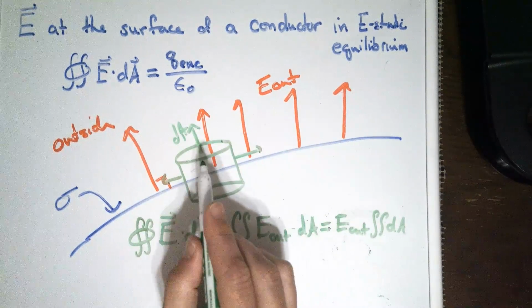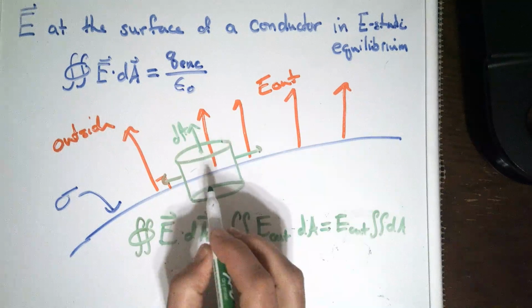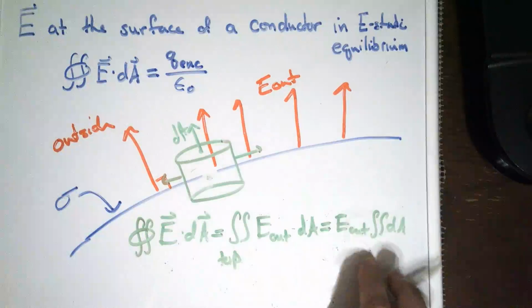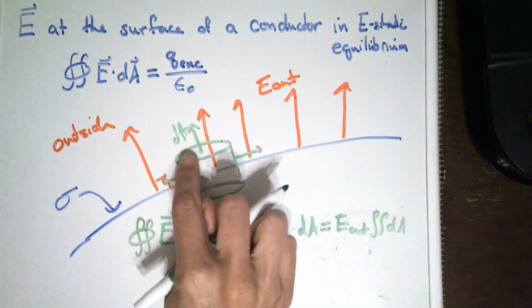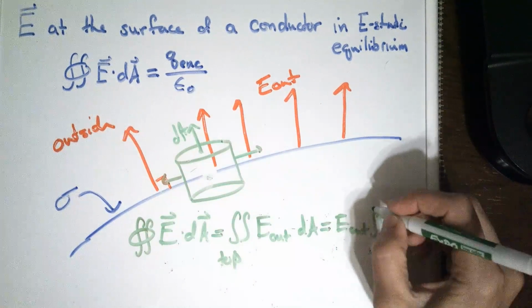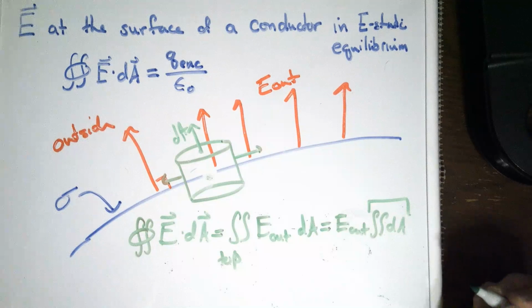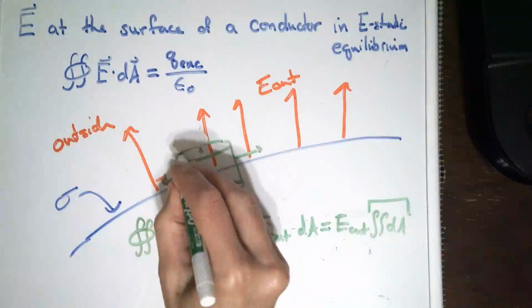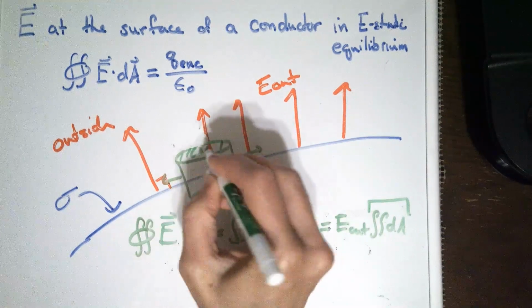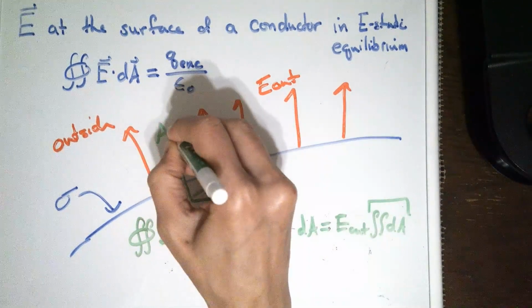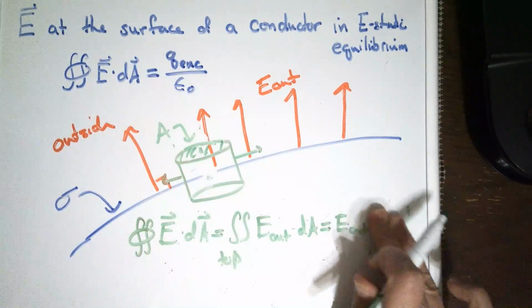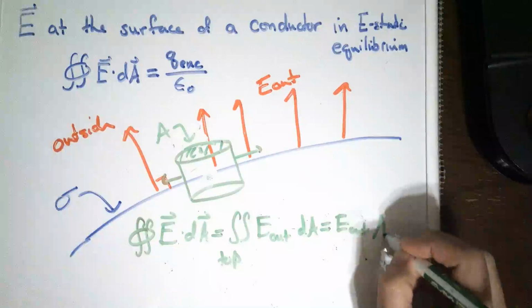But do remember that this is now a very, very local equation. It's only true at some teeny tiny little part of the surface right there because we need the electric field to be constant everywhere on this surface. All right, so then this is just an integral of the area. Let's just say whatever this actual area is of my Gaussian surface, we'll call it A. So now we've done the integral.